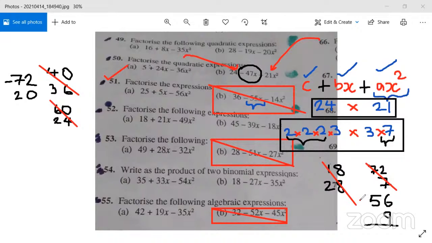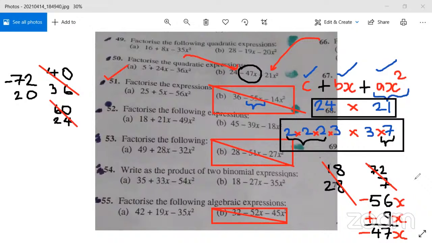And it must be a minus, so it's going to be minus 56 plus 9. And we're going to have x here. So this will be minus 47x, and that is going to be replaced by minus 56 and a plus 9.